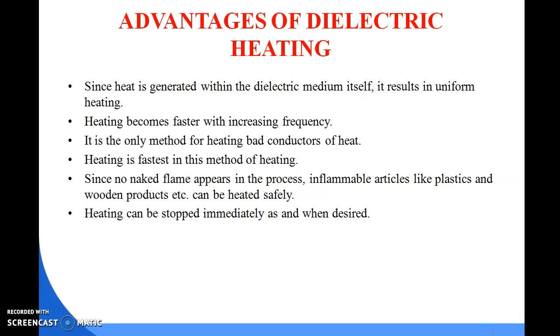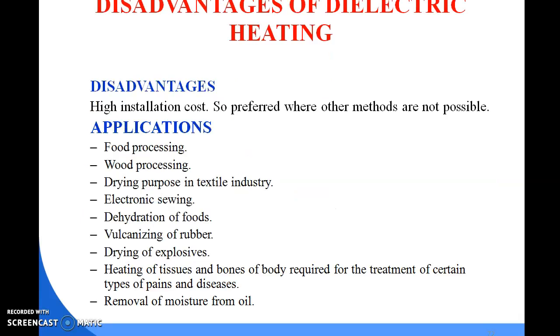Since no naked flame appears in the process, inflammable articles like plastic and wooden products can be heated safely. Heating can be stopped immediately as and when desired. Those are the advantages of dielectric heating.